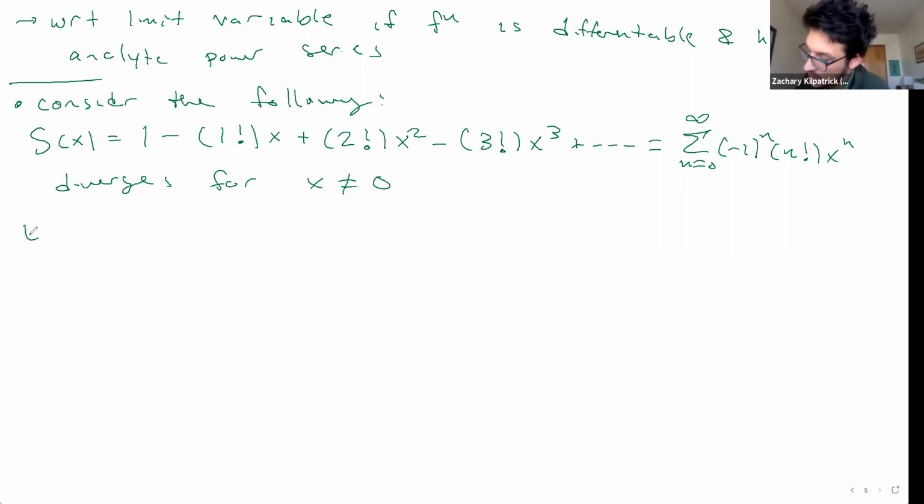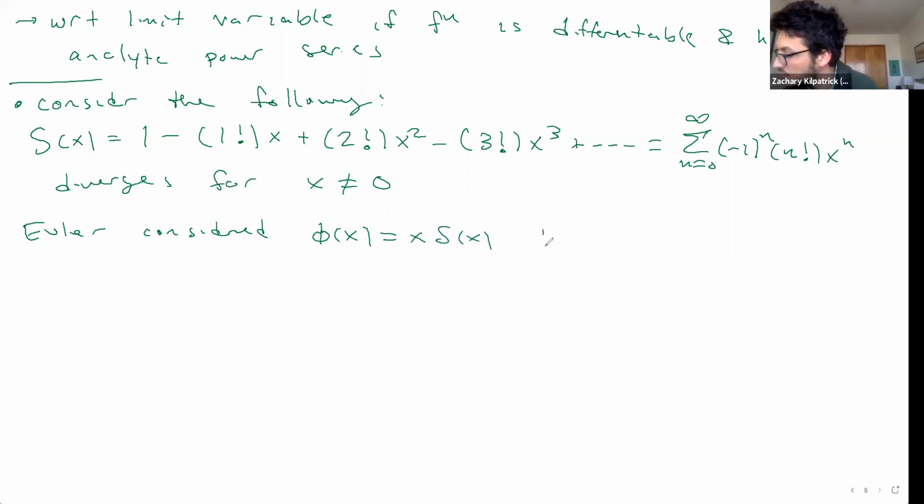Let's dig a little bit more into it. So Euler considered this series scaled by x, and then wrote down the following differential equation.